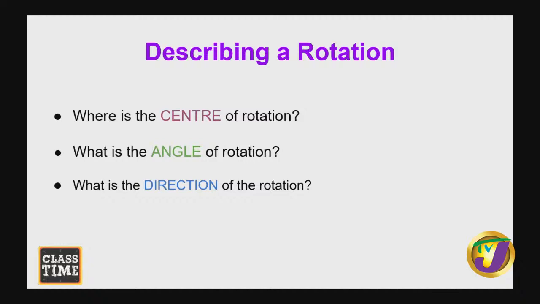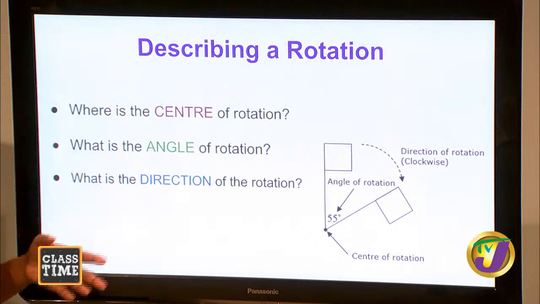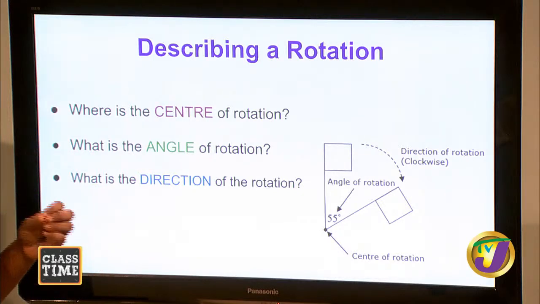So look here now, and tell me what's happening to this image that you're seeing. All right, so I'm looking at the image, and I see the center of rotation identified right there. It's labeled with that black dot, a small shaded circle. I'm also looking for the angle, and it's also identified.